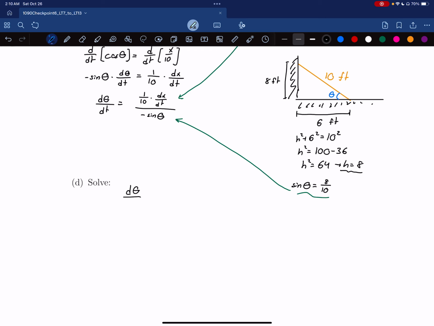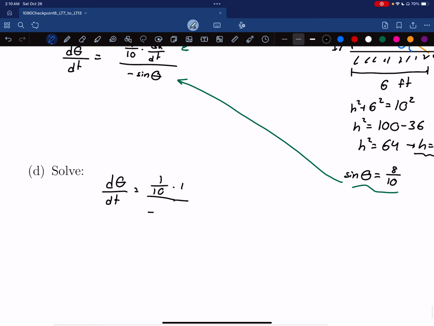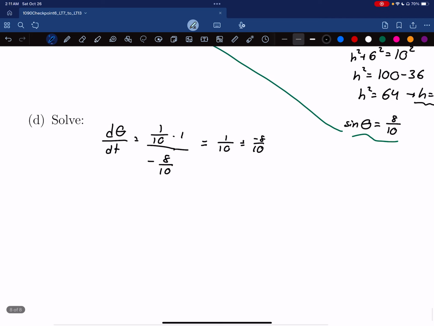We have d theta dt equals 1/10 times dx dt, which is 1, all over, remember that negative sign there, negative 8/10. And then you definitely need to simplify this. We'll have a 1/10 divided by negative 8/10, which is the same as 1/10 times 10 over negative 8.